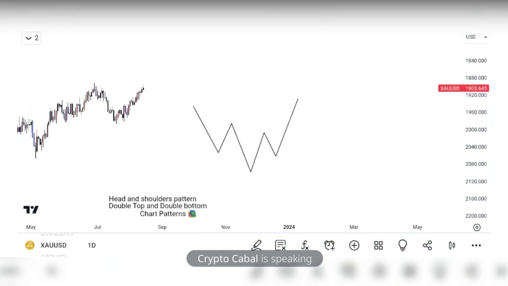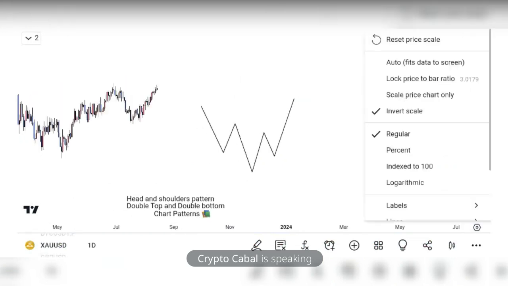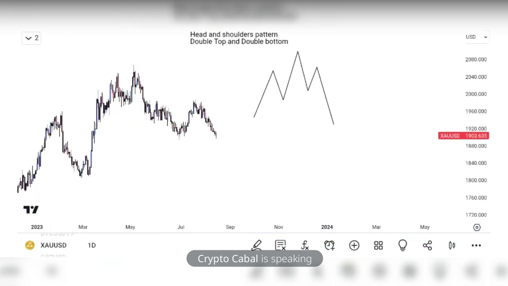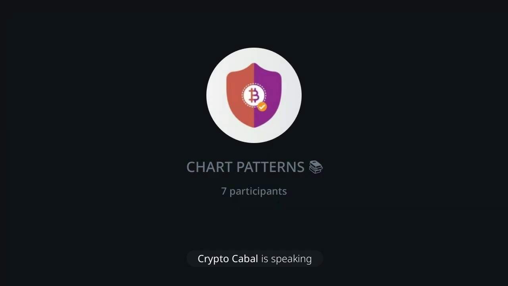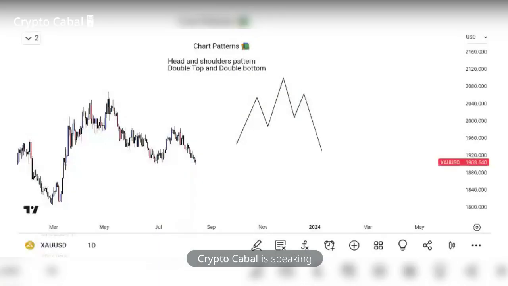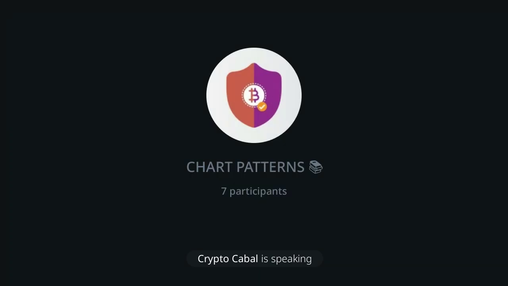The inverse head and shoulder pattern can be found in a downtrend. The head and shoulder pattern can be found in an uptrend because it suggests a reversal from an uptrend to a downtrend, while the inverse head and shoulder pattern suggests a reversal from a downtrend to an uptrend.